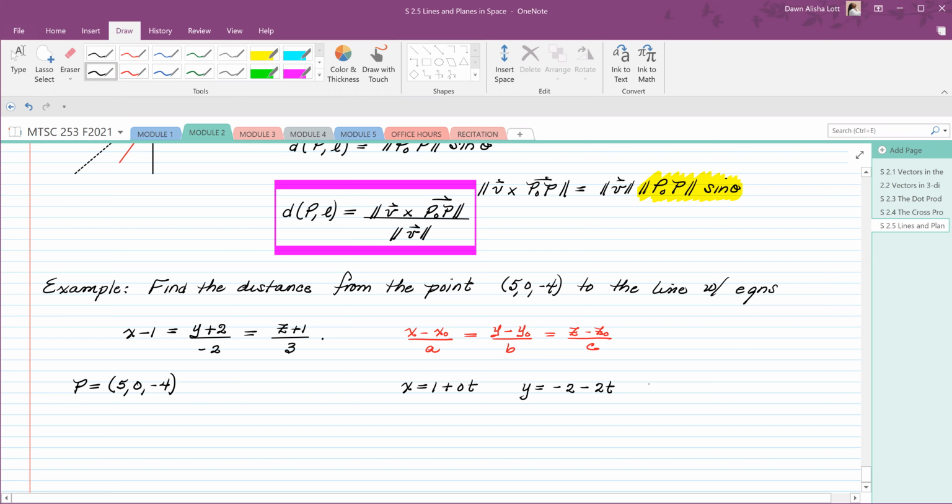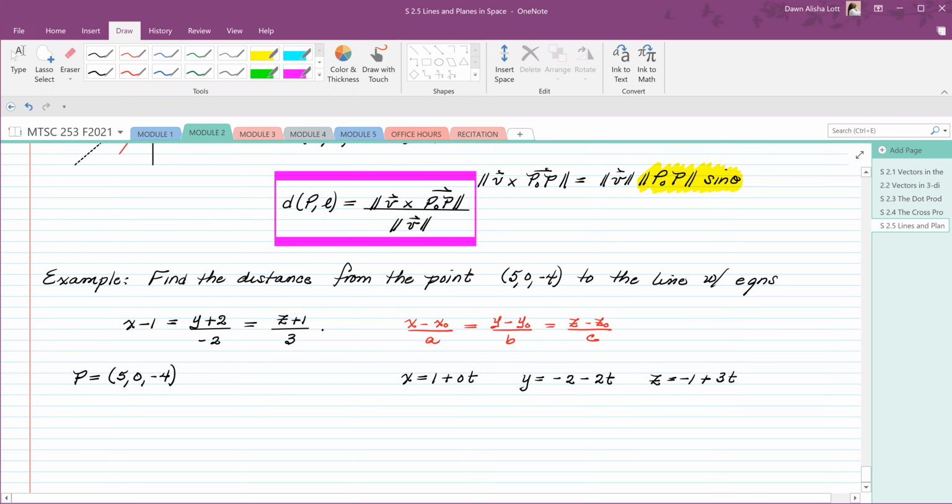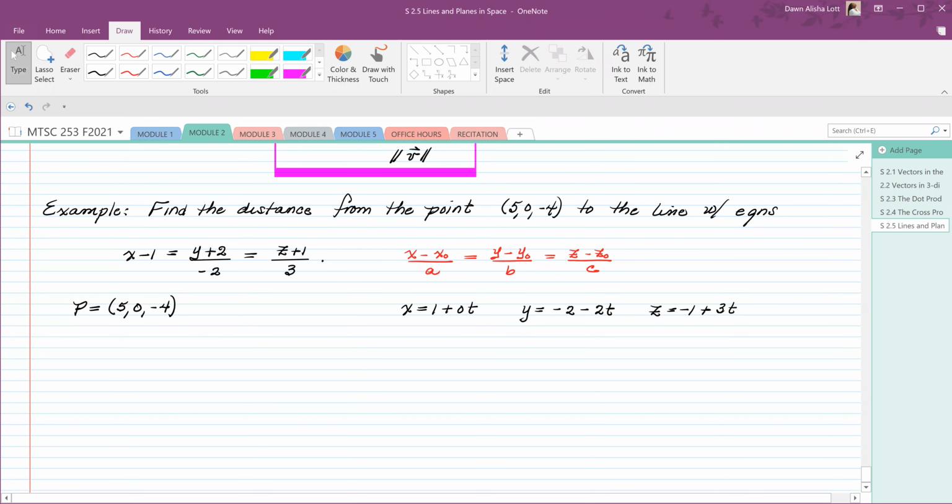And for the third one, z is equal to -1 plus 3t. So that's what those equations are. I'm sorry. I don't know why I wrote 0t. This should be 1t. This is over 1.